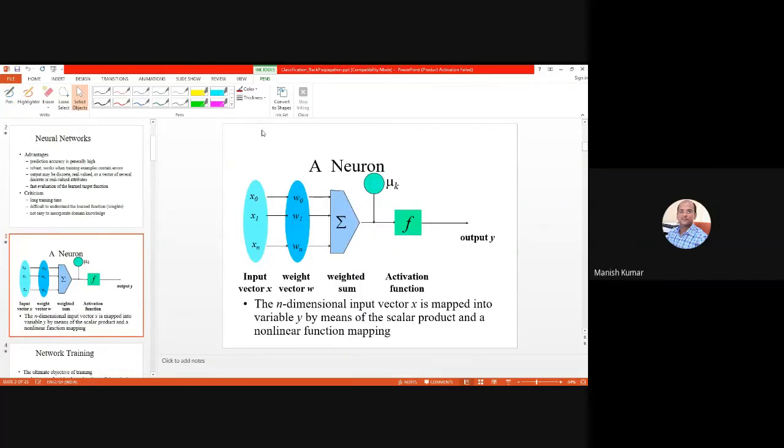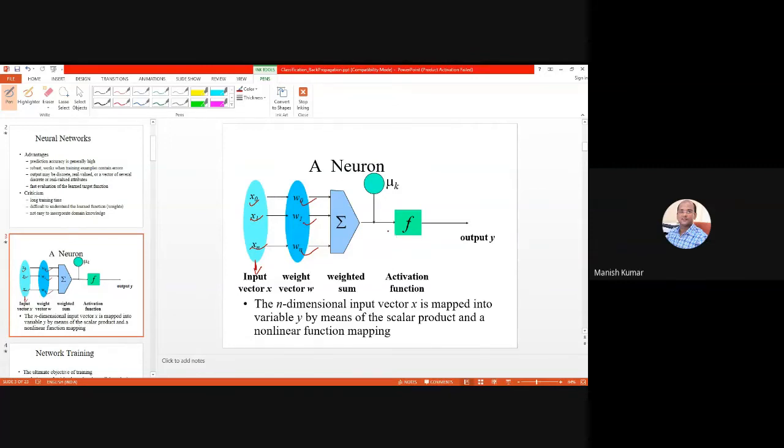So this is the input vector, which is x. You can have n number of features. Then you assign weights to all of these, so there is a weight vector w. Then you perform the weighted sum.